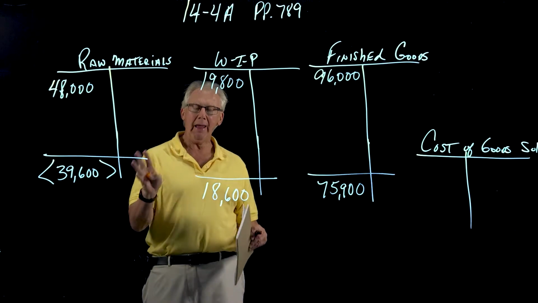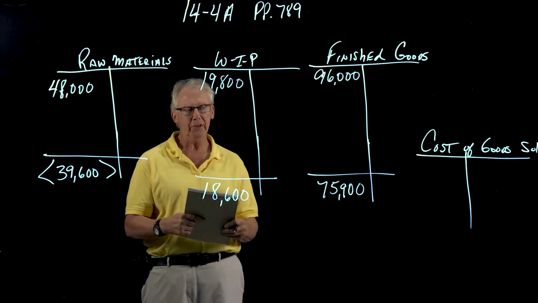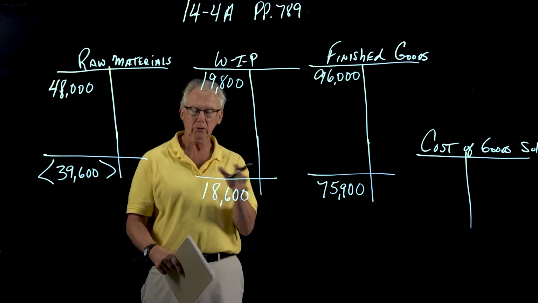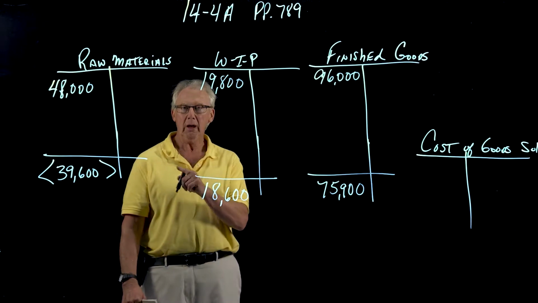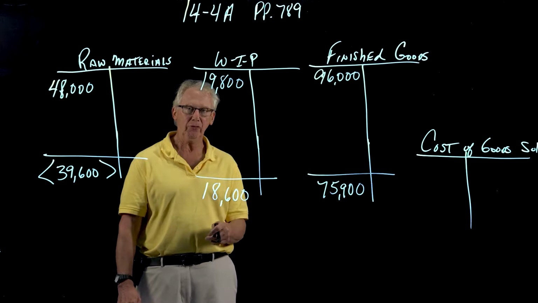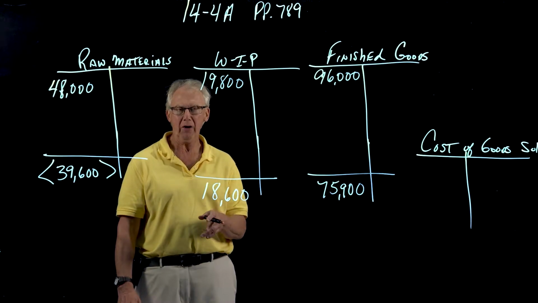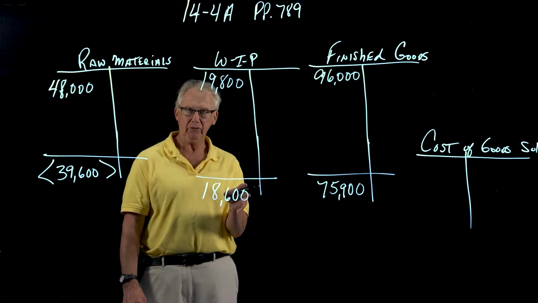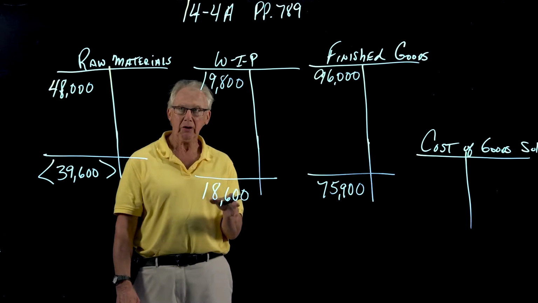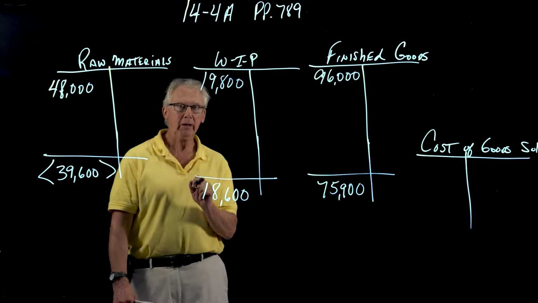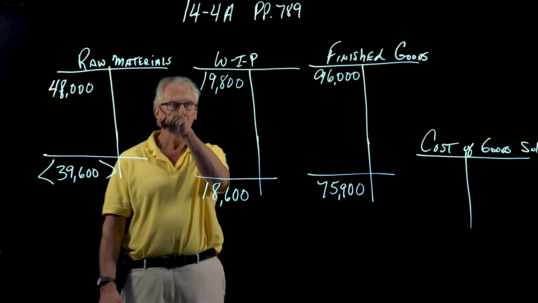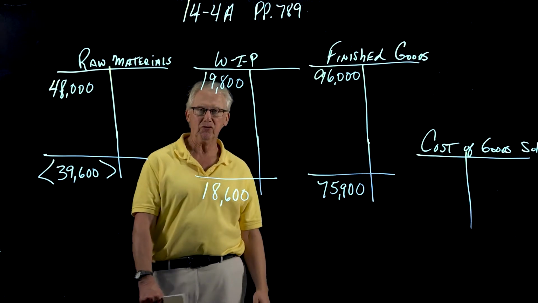Now, I like to figure out the cost flow or the flow of cost in these beginning chapters of managerial accounting using T accounts. Now, let me just tell you that there are three inventory accounts in managerial accounting: raw materials, work in process, and finished goods.